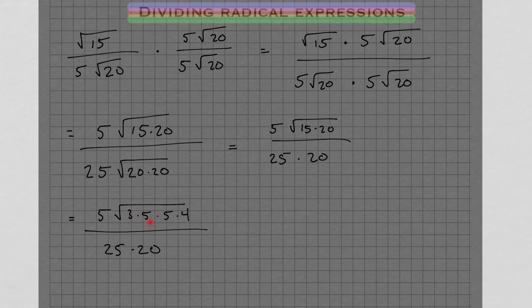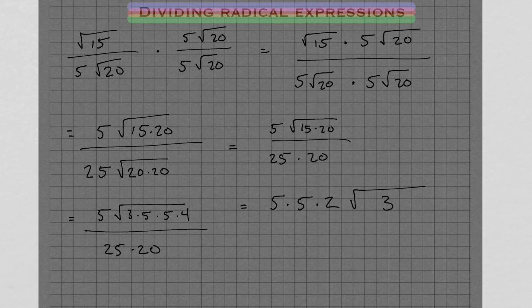So here we have this. These are being multiplied together underneath the square root sign. So we have this square, 5 times 5 is 25. That's a square. Underneath the square root sign, we can bring it out. We can also bring out this 4. So it's going to look like this: 5 times 5 times 2 times the square root of 3.